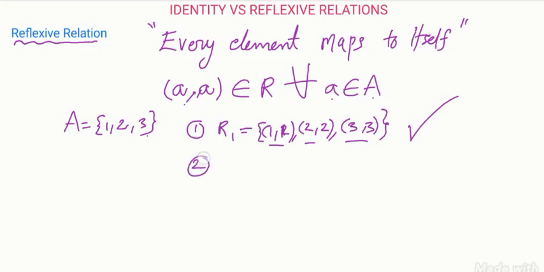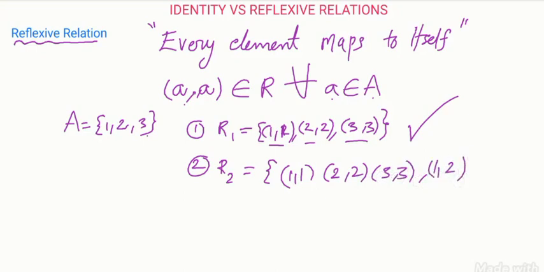Second one, R2 contains (1,1), (2,2), (3,3), and as before (1,2) also. Is it a reflexive relation? Just see, as 1, 2, 3 are in A, you have to see (1,1), (2,2), (3,3).